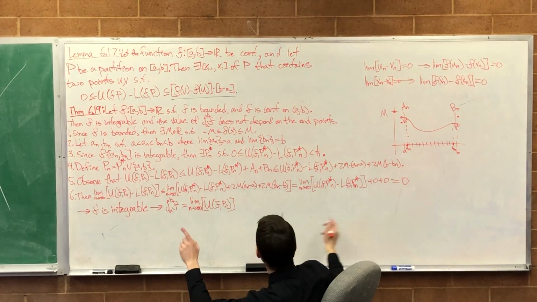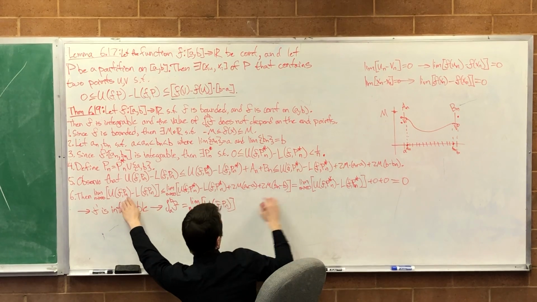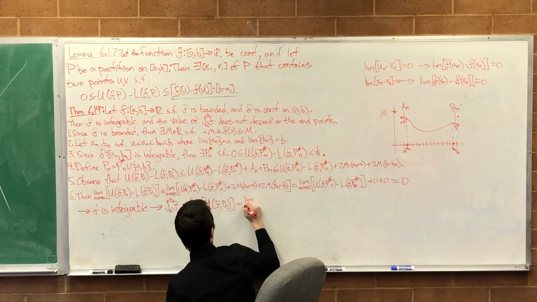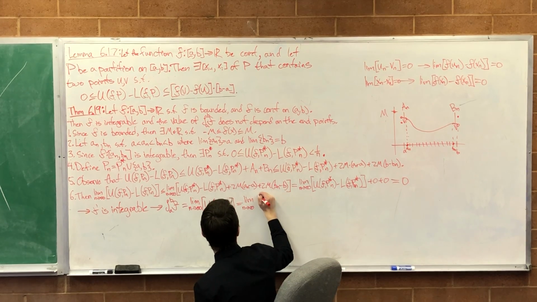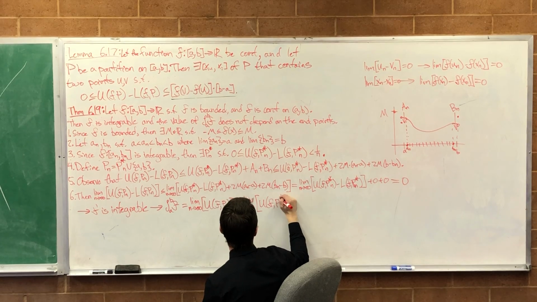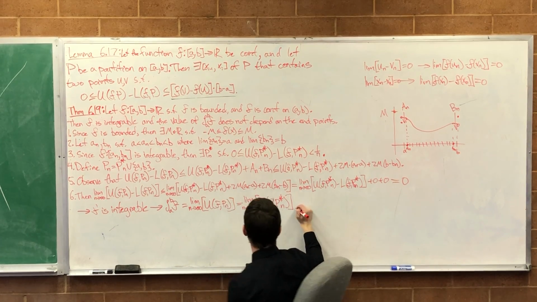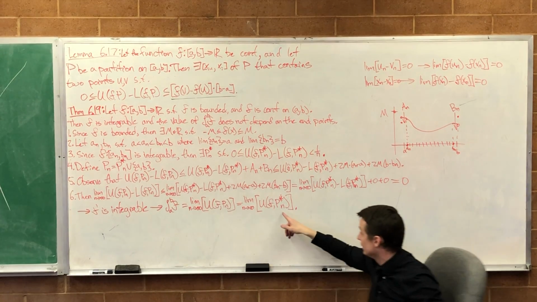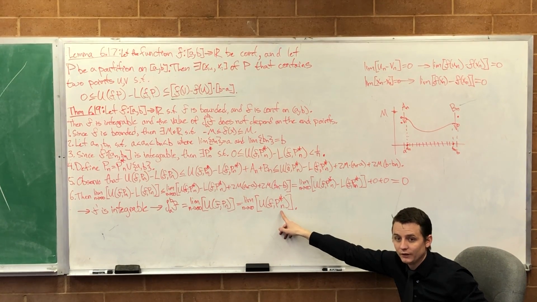But now, from exactly what she's saying with the inequality, or from this line up here, we also know that this is the same thing as the limit, as n goes to infinity, of the upper Darboux sum of f with p star n. So now we see that the value of the integral doesn't depend on the endpoints.